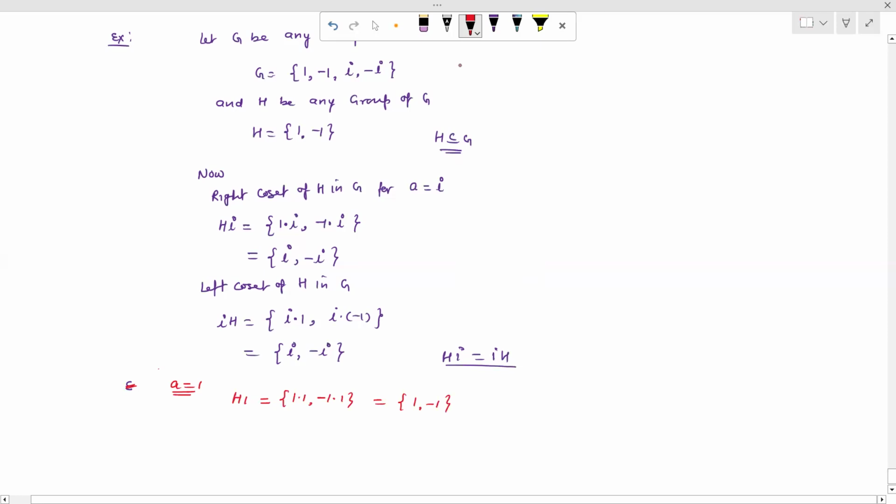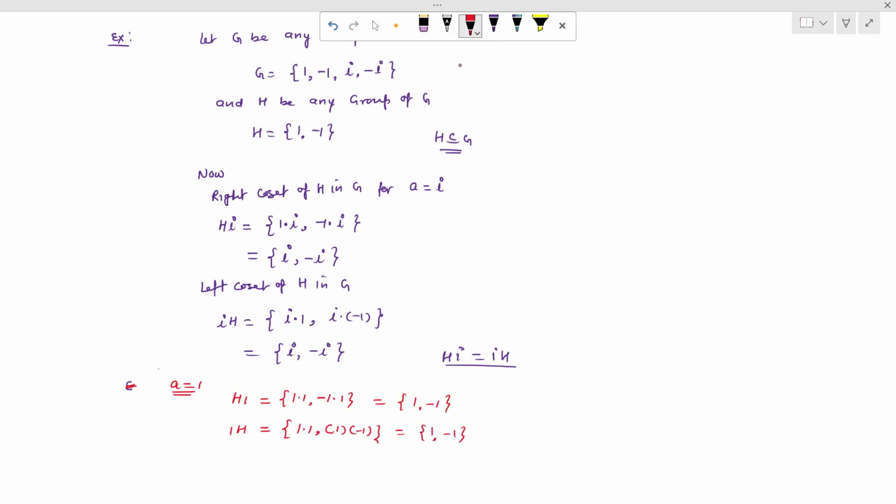Similarly for 1 into H, the left coset, we get 1 into 1 and 1 into minus 1. So this also gives us 1 comma minus 1.